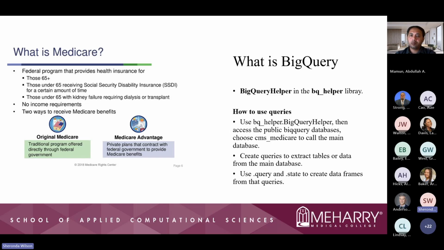Well, what is BigQuery? Google BigQuery is a cloud-based analytics platform designed to process very large data sets quickly using SQL. For this capstone, I used the public CMS Medicare data set, which also includes Medicare provider claims, which was over billions of provider claims. My data set was broken down to about 15,000 provider claim records that provided payments, utilization, and facility level information.